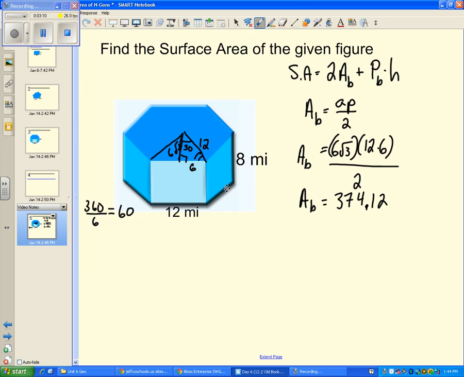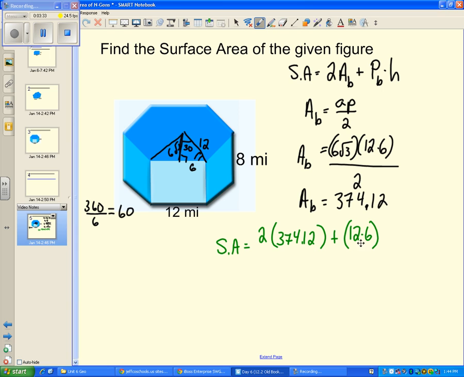So for my surface area formula, I'm going to take the area of the base, which would be that number right there, and multiply it by 2, so 374.12, plus the perimeter of the base. Well, the perimeter is 12 times 6. So the perimeter of the base is 12 times 6 sides, so there's my perimeter of my base.